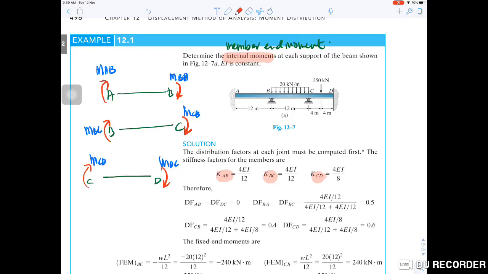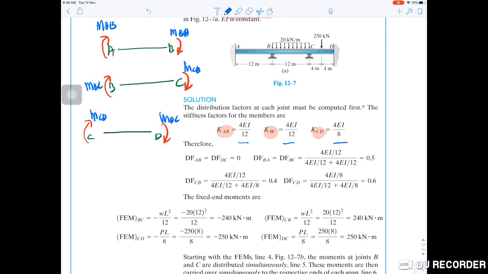It is 4EI over 12. For both internal supports B and C, we need to use 4EI over L, because internal is assumed as fixed. And for member CD, the far end is referred to D, because C is internal, C is considered fixed, D is far end fixed, so we need to use 4EI over 8.